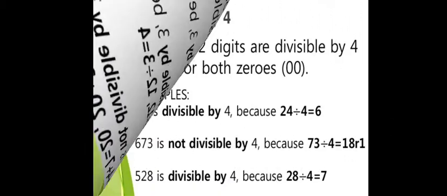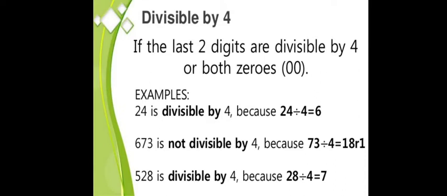Next, divisible by 4. If the last two digits are divisible by 4 or both zeros, the number is divisible by 4. See the example, 24. So, 24 is divisible by 4. We can divide number 24 by 4.